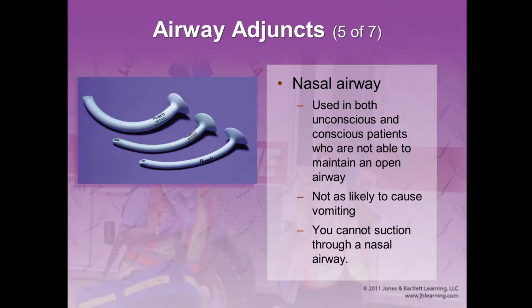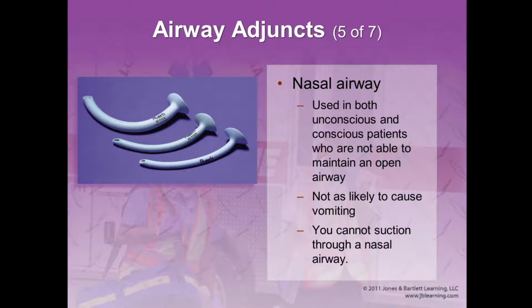Now that we talked about the oral pharyngeal airways, we will move on to the nasal pharyngeal airways. Nasal airways can be used in both unconscious and conscious people because in some people you might be able to get that nasal airway fully into the nasal cavity without stimulating a gag reflex.